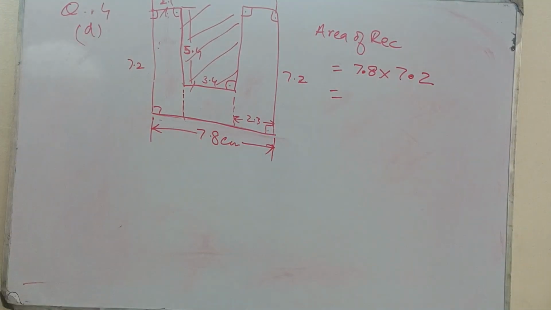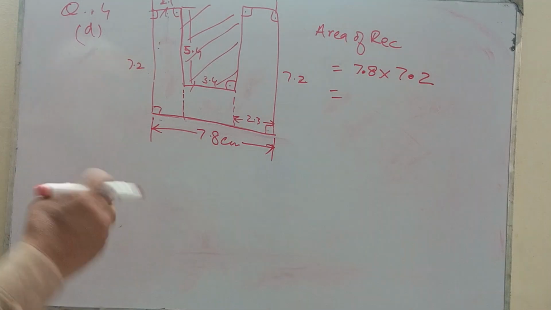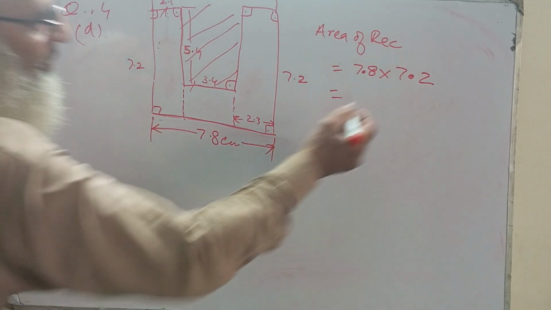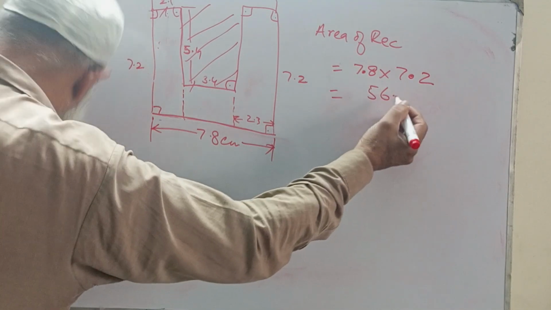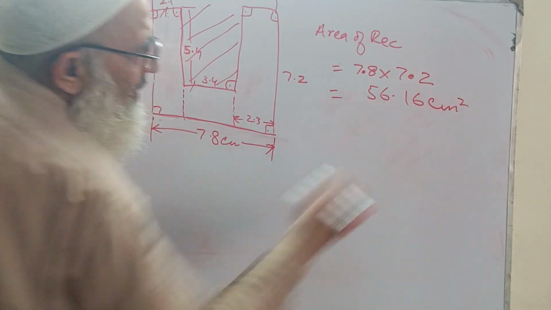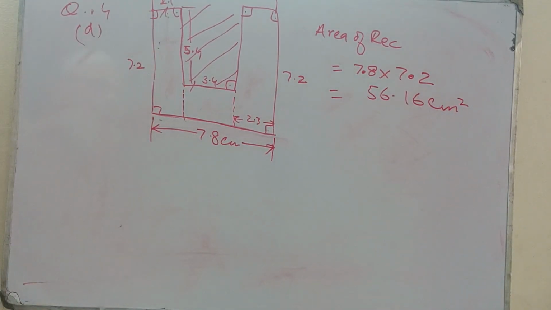7.8 multiplied by 7.2, it will become, now this is a little easy way of doing it, so I am following this. 7.2 multiplied by 7.8 is 56.16 centimeters square.